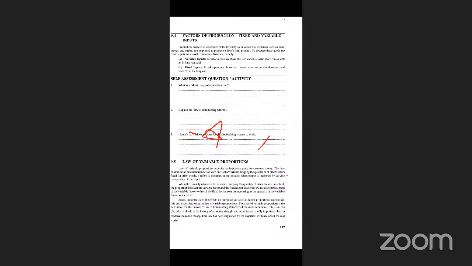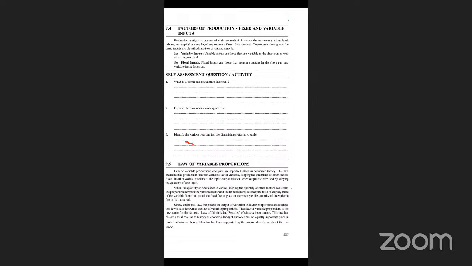Okay, now what is the law of variable proportion? It is again the understanding of the relationship between the inputs of a production activity. Here in this law, the input and output relationship is measured. A small change in input leads to a change in output.